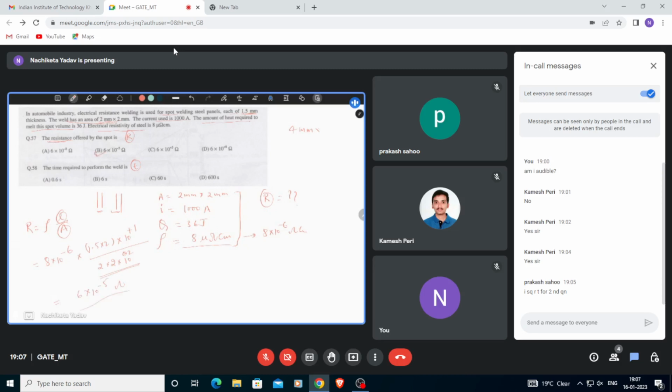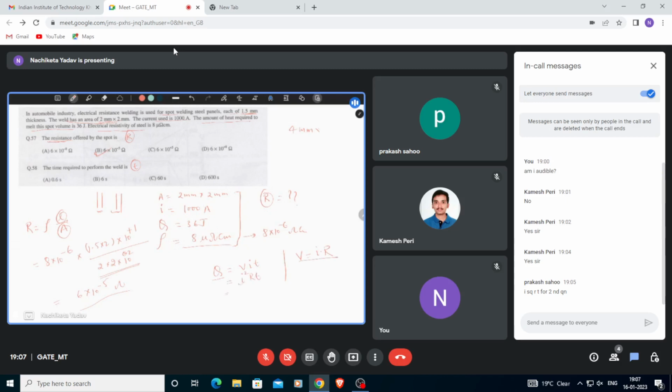And how will we calculate time? Anyone knows any formula? Yes, we know Q equals heat, V into I into T, and we also know voltage V equals I into R. So from here we can get I square RT.